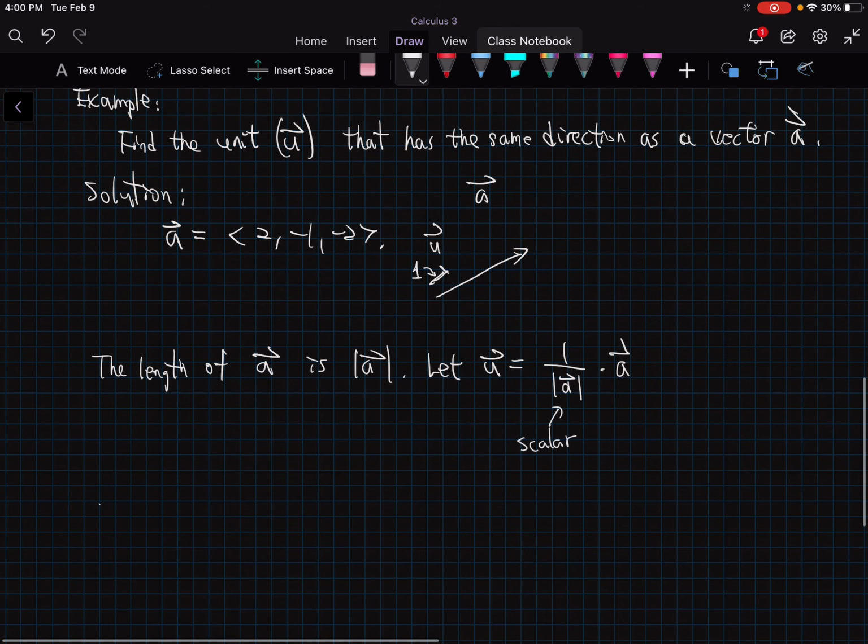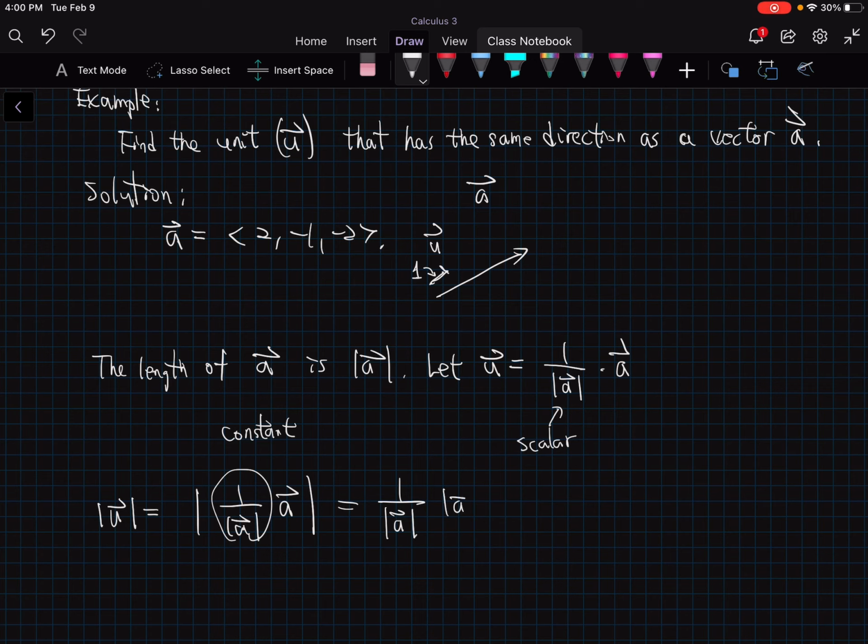So let's look at the length of U. It's the length of this, and since this is a constant, we can factor it out of the absolute value. Well, this cancels. Wow, look at that. The length equals 1.